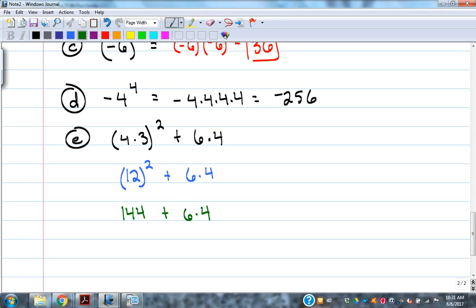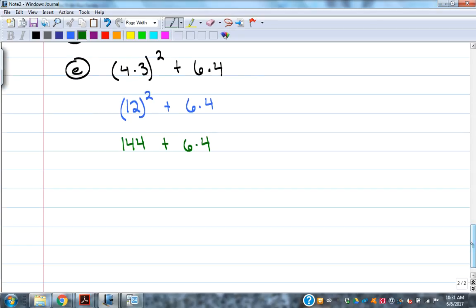Obviously, you could do more than one step at a time. And then the next step after exponents is multiplication or division, left to right. Well, there's a multiplication there, 6 times 4, which is 24. And then the last step would be the addition. So it'd be 168, the final answer.